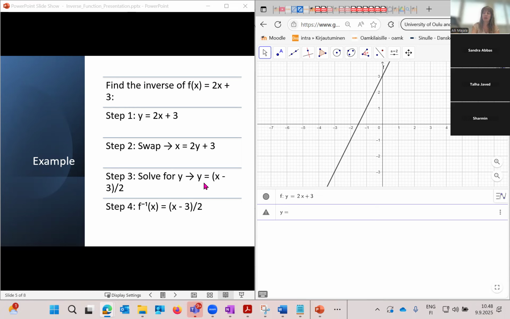So this would be like 0.5x minus 1.5. Yeah. So this is how it looks, the inverse function.